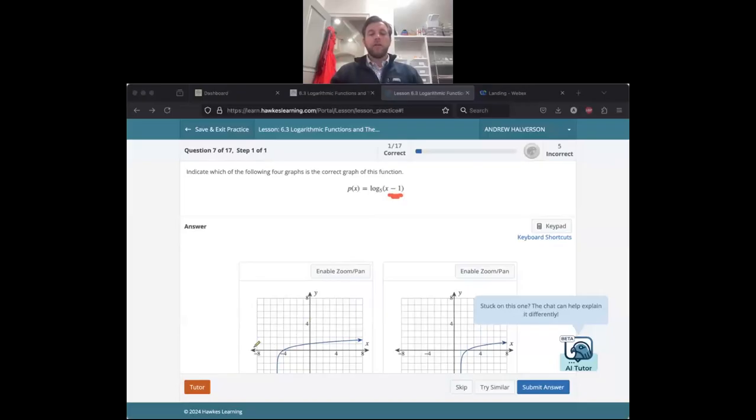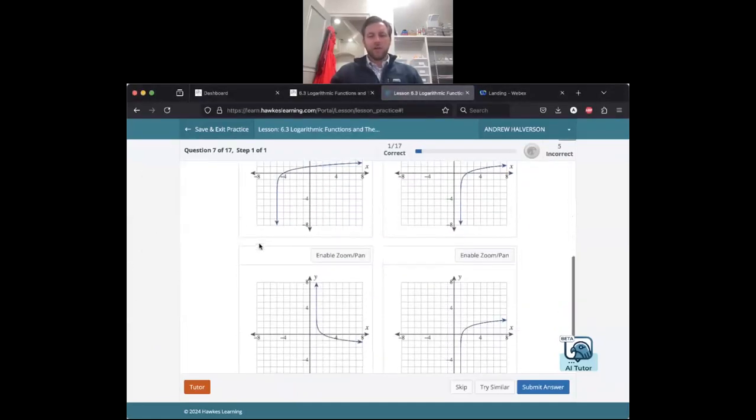But if this is an exponential, a logarithm would come around the other side. It's going to do this, kind of like that. I'm not doing it justice.